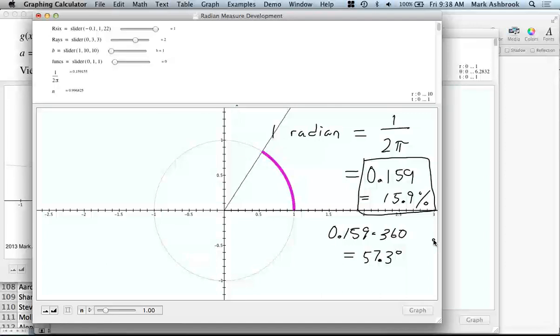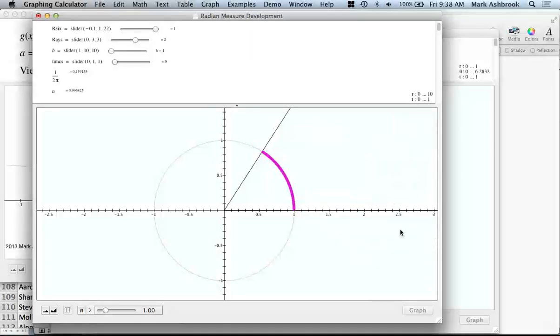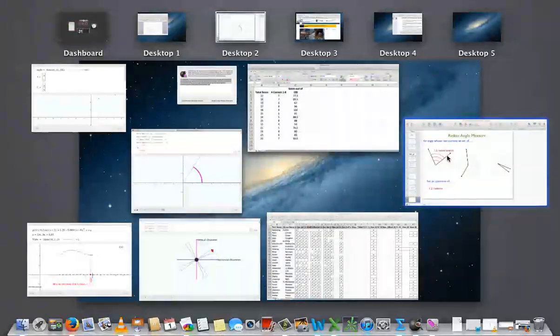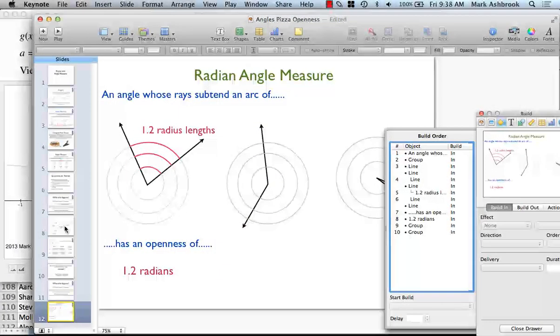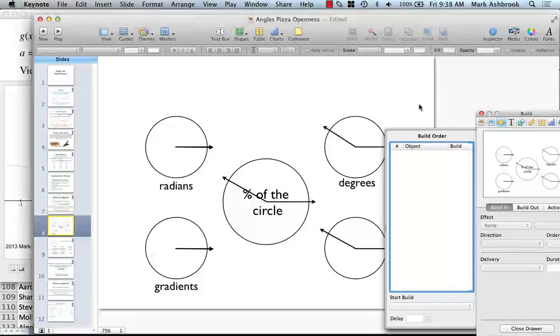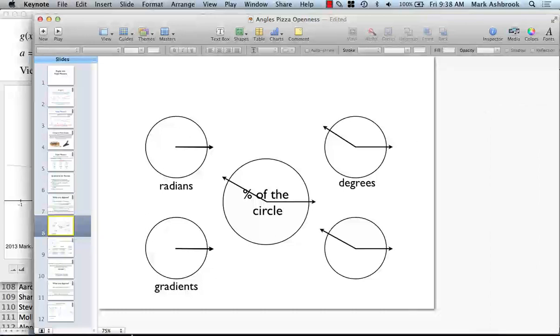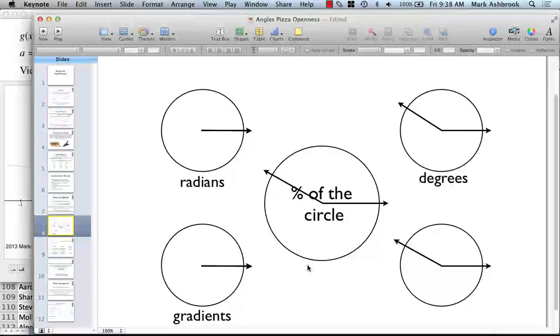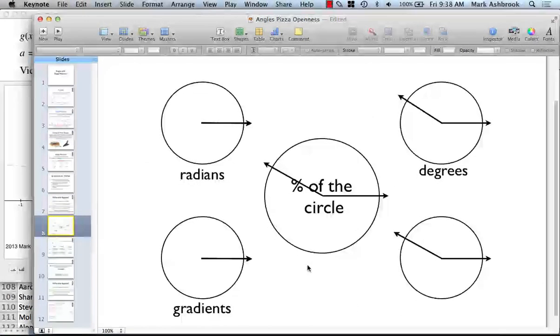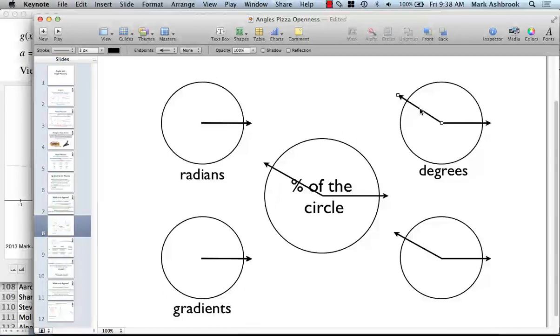All right, so let's just do one. Okay, so here we are. Let's say we've got 200 degrees.